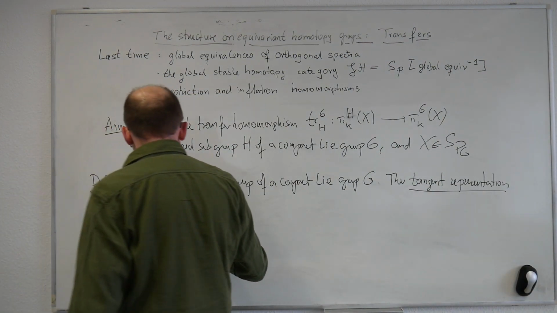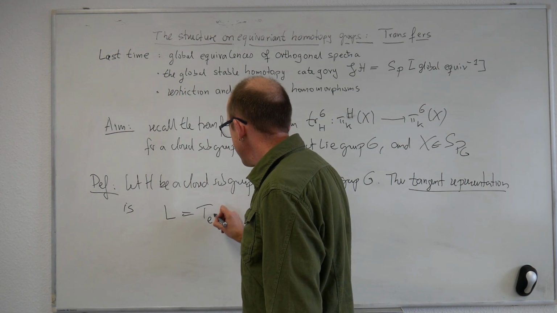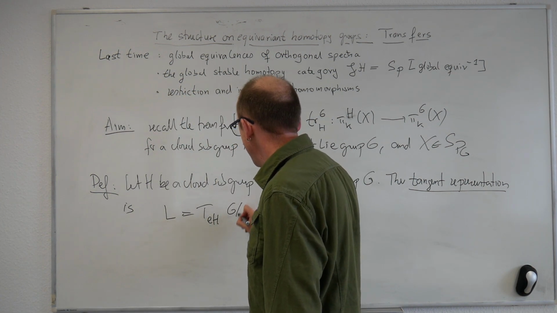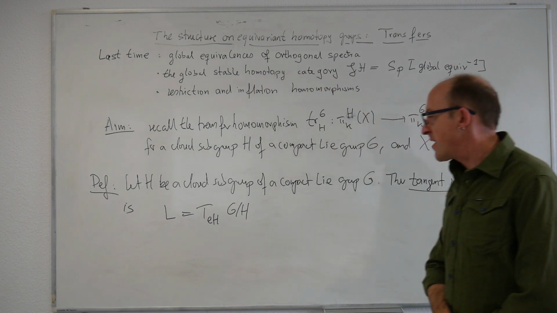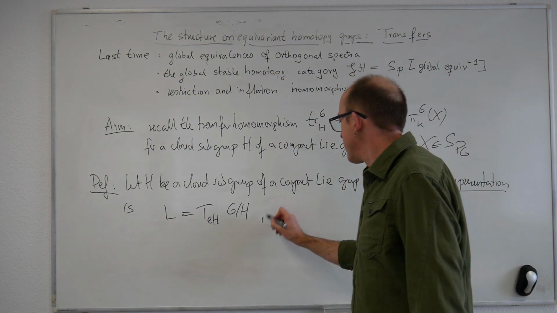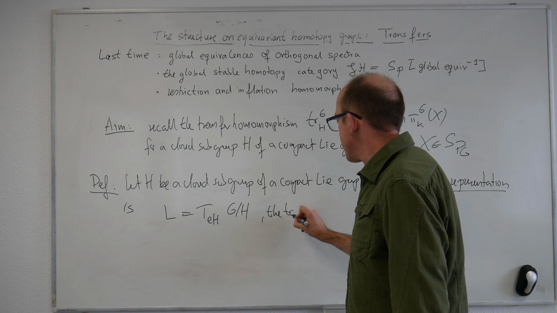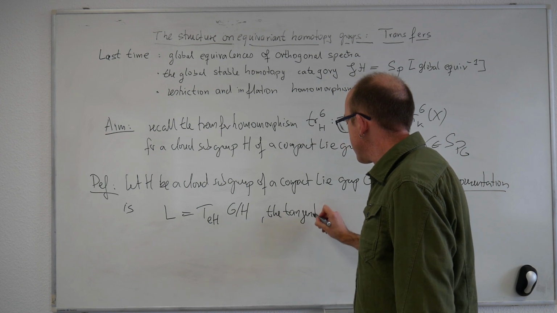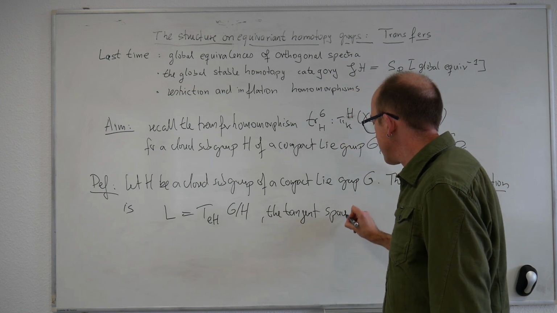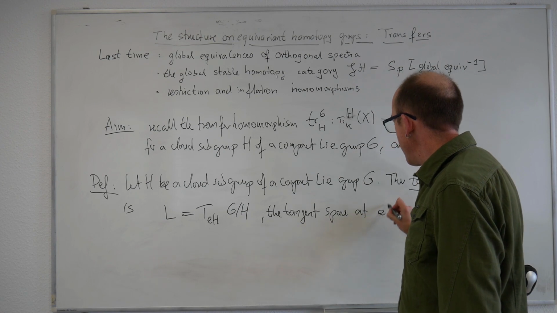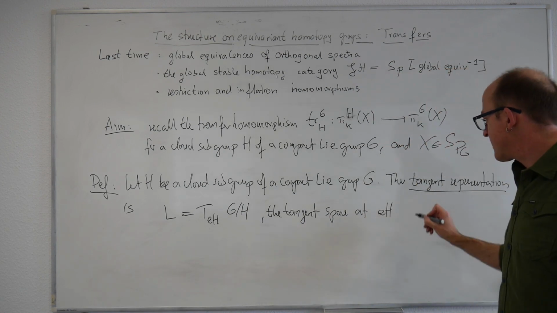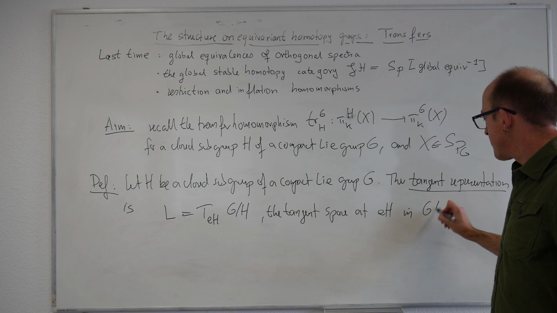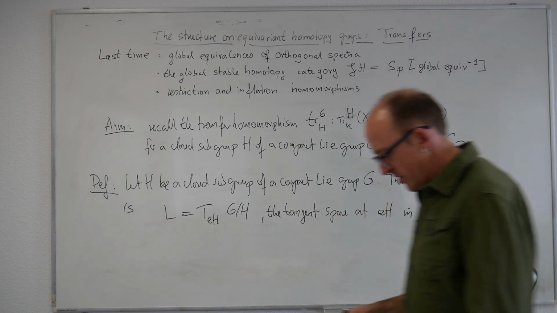I will write L for it, and it's the tangent space at the preferred coset eH in the homogeneous space G mod H. Tangent space at H, this is the coset H itself in the homogeneous space G mod H.